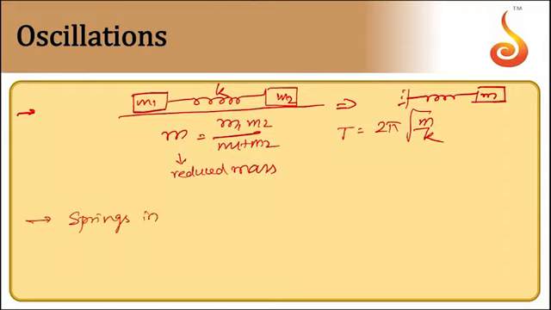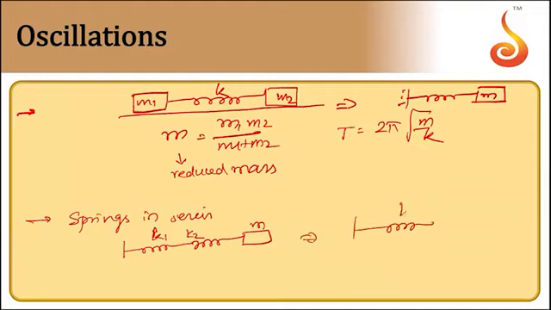Springs in series. Let us consider, say, two springs connected like this end to end to a block of mass m. This is K1, this is K2. This is equivalent to one spring of spring constant K and a block of mass m, where that K is given by the following equation: 1 by K is equal to 1 by K1 plus 1 by K2.